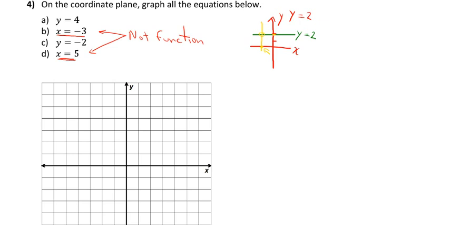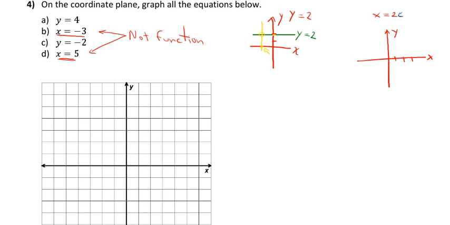Now all the equations that have x equal to a number, let's say x equal to 2, or it could be negative as well, those are going to be vertical lines passing through x at this number.